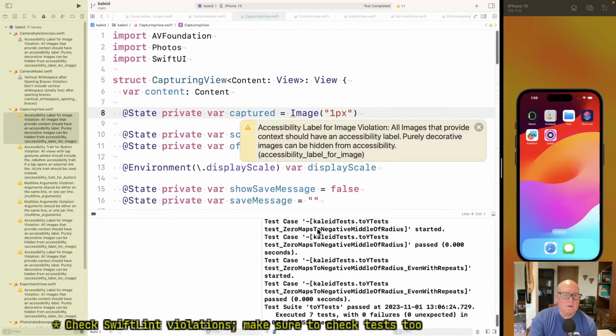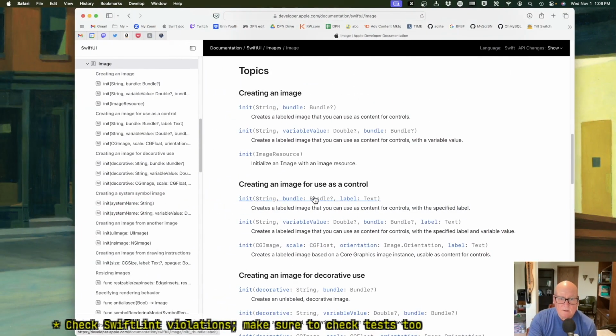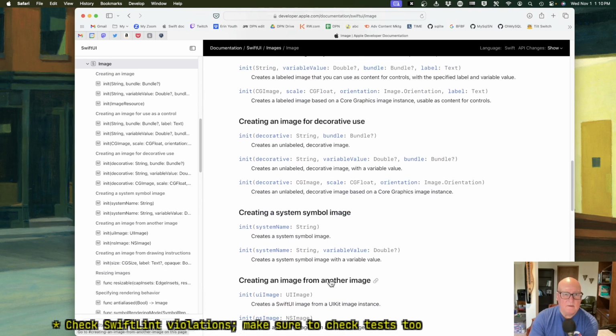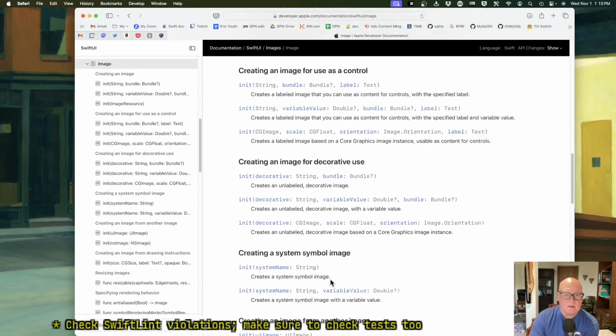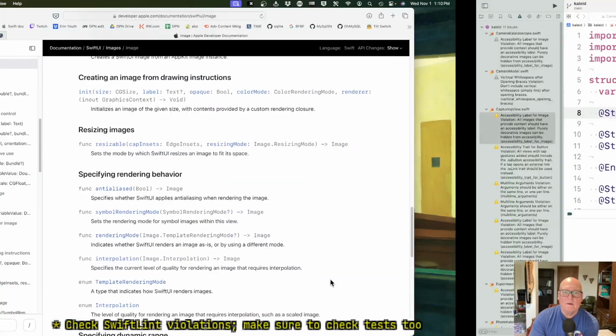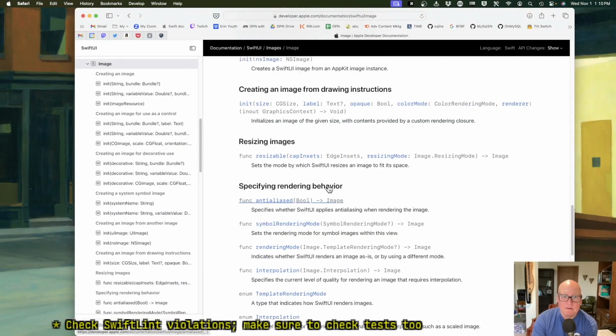Okay, so we're just doing image string. I guess we could nil out the bundle. Those are the direct string ones. Okay. I don't know if... I guess I would call it decorative.